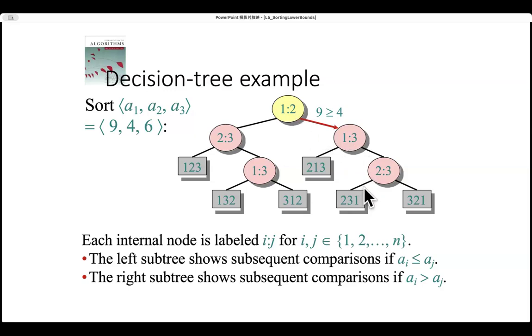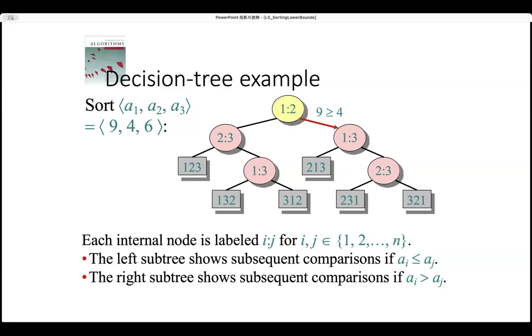You encounter comparisons, and if the comparison is not exactly what we expect, it's not that the first one is smaller than the second one, then we need to do something.